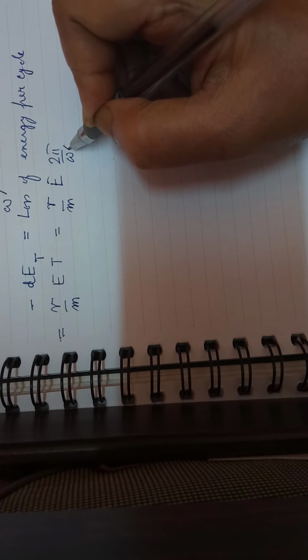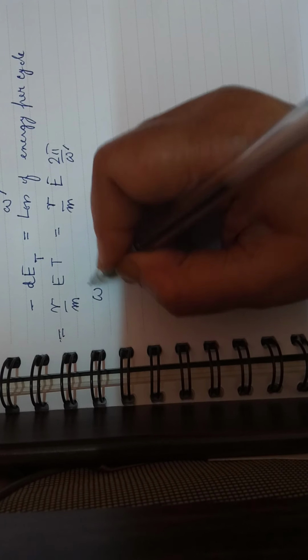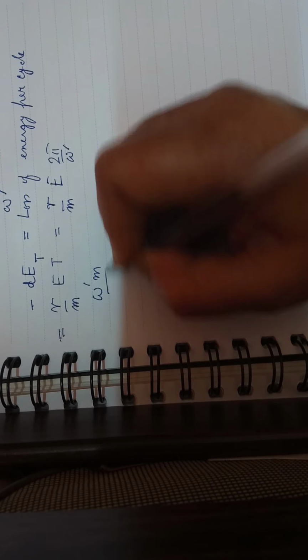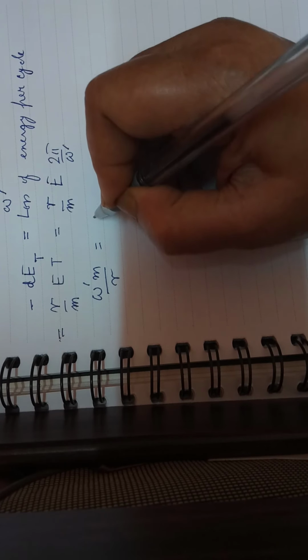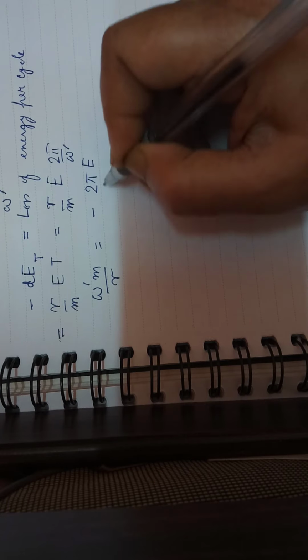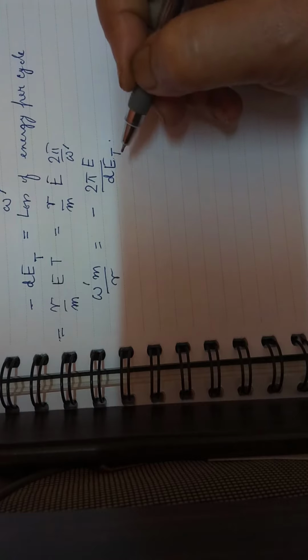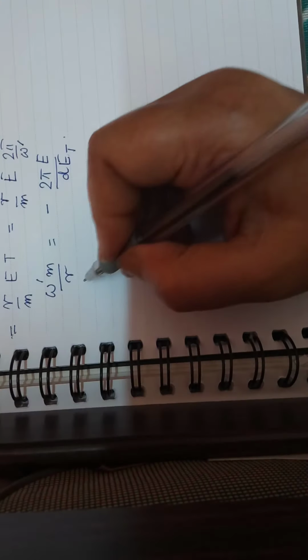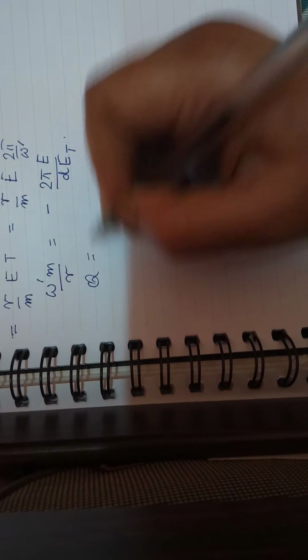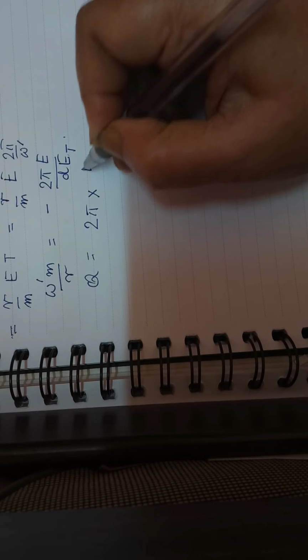So from here you get omega prime M by R is equal to minus of 2 pi E by dE.